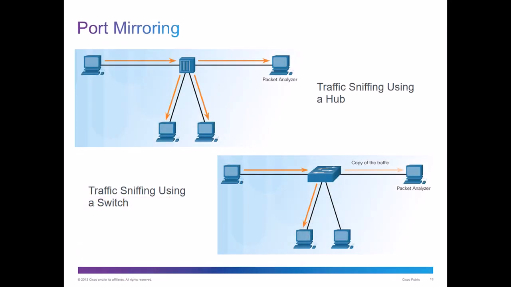All right, if you are going to set up an IDS, then you have to create what's called port mirroring on the switch itself. You create a port mirror, which means any data that is passed on the ingress coming into the switch will not only be sent to the destination, but another mirrored copy of it will be sent to the packet analyzer.